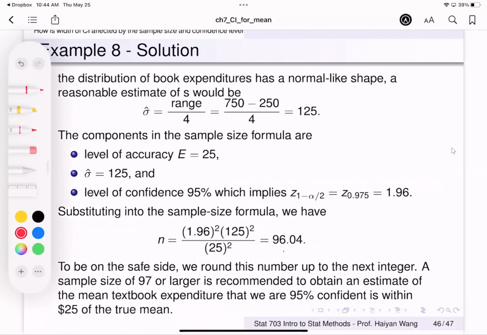Since it's slightly over 96, we need to round up to 97. So the sample size needed is 97 in order to estimate the cost of the textbook within a margin of error of $25 at the 95% level.